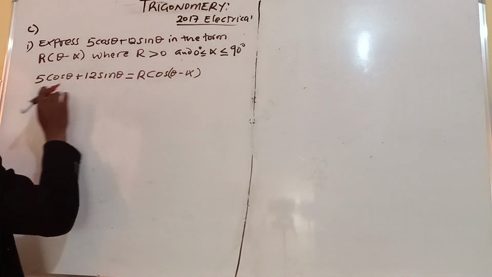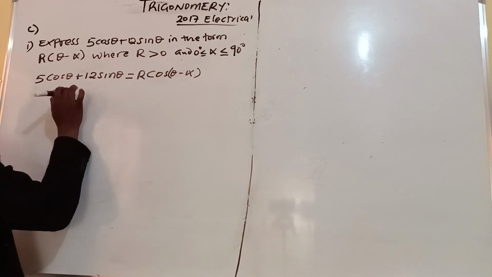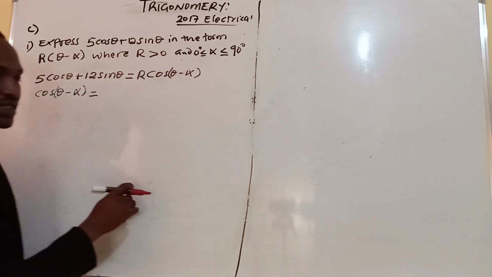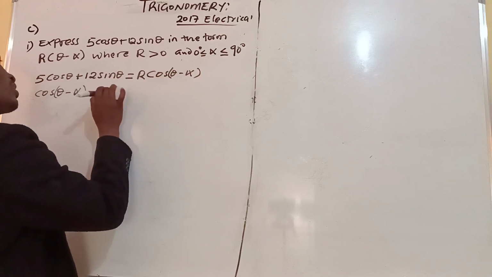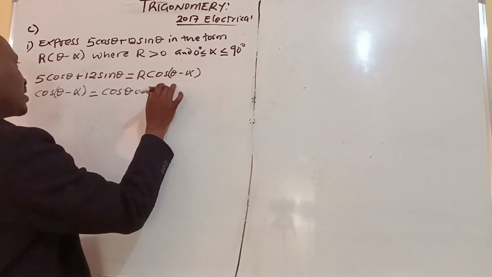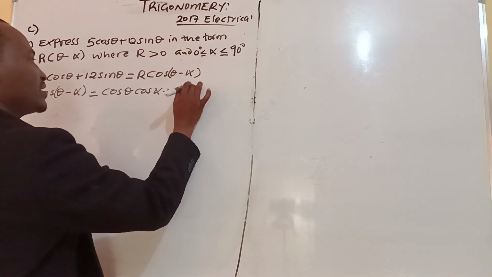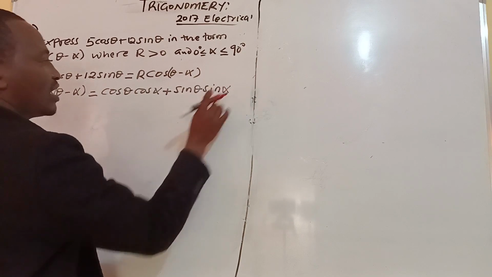Now we know cos theta minus alpha can be expressed using your S&P table: cos theta cos alpha plus, if it's minus here, it's plus sin theta sin alpha.